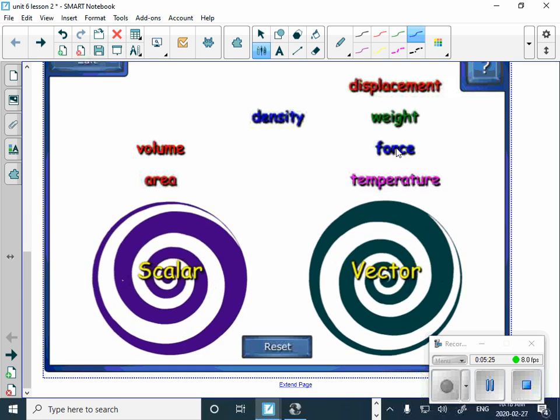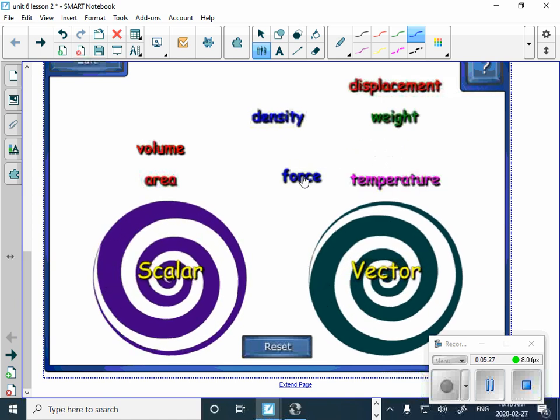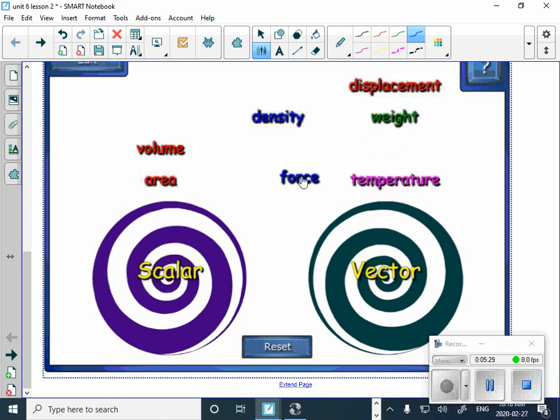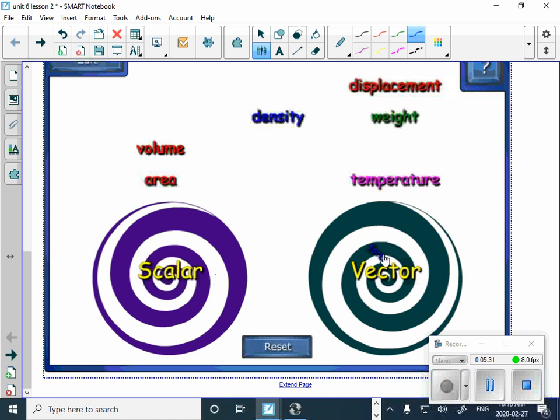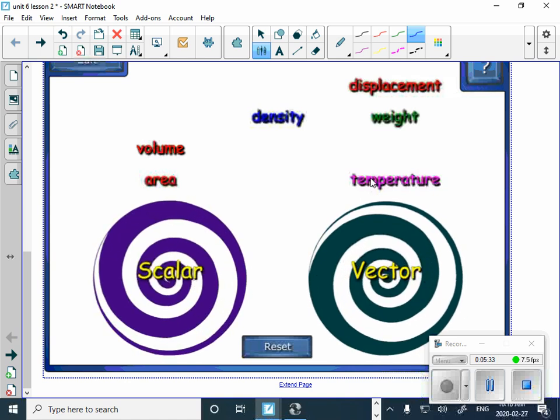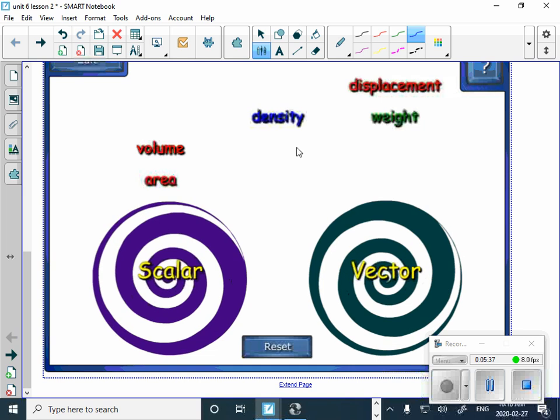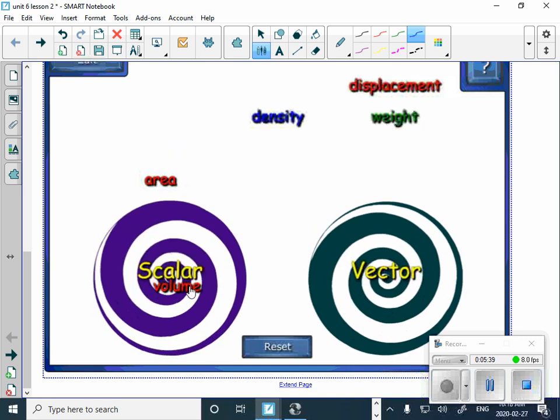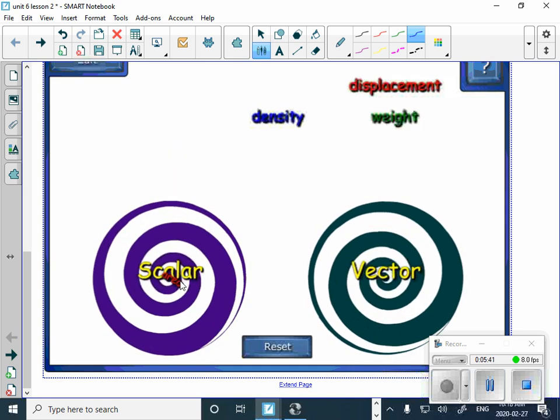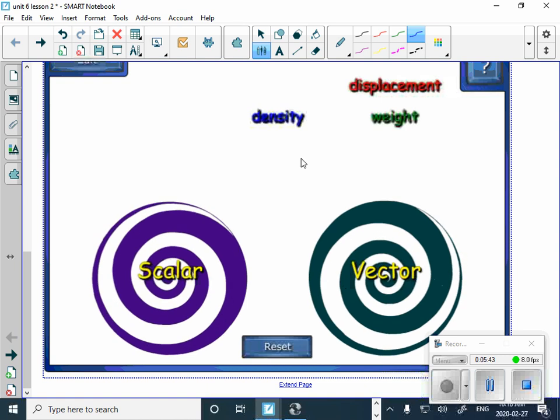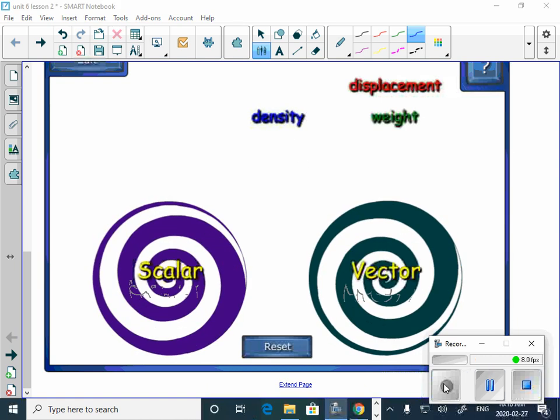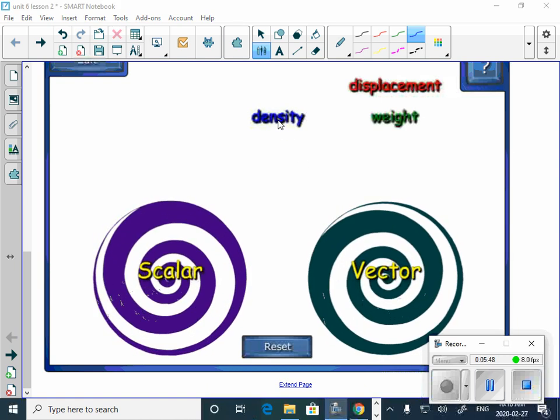Whereas a force has both a magnitude and a direction in which it's applied. It would be a vector. The temperature today is just a scalar. It has no direction. Volume and area would be scalars because they don't have a direction implied. Density is just a magnitude as well.